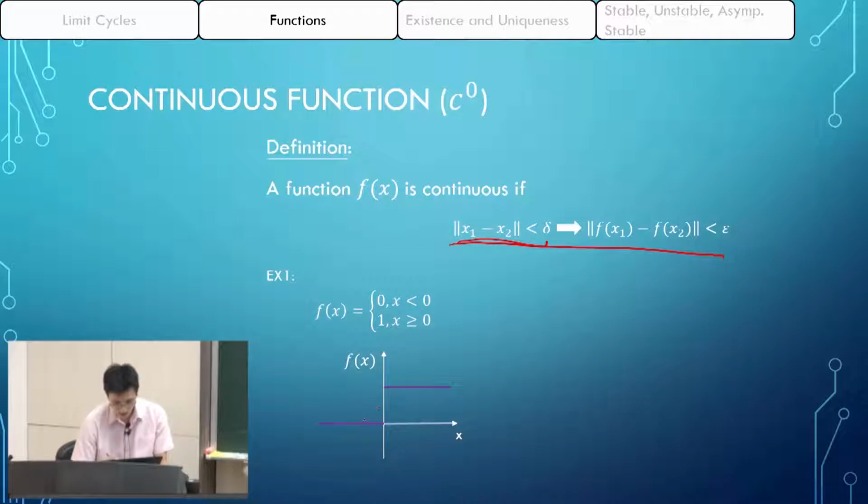So for this example, is it continuous? If you think it's continuous, raise your hand. Okay, so obviously it's not continuous around 0, right? Because on the left-hand side of s equal to 0, it's 0.